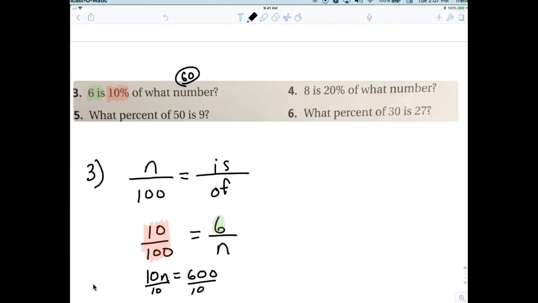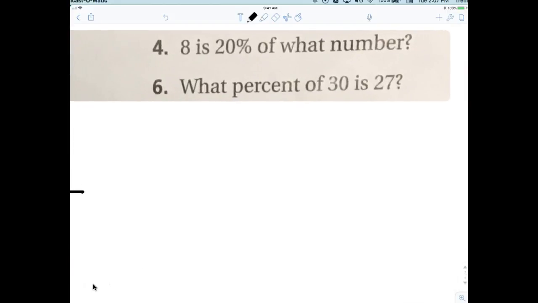All right? So now, everybody take a look at number 4 now. Thomas, you want to try to set it up? Come on. How do I set that up? Hold on a second. I'm going to do this real quick. Here's how you should be writing it down. It's percent over 100 equals is over of.